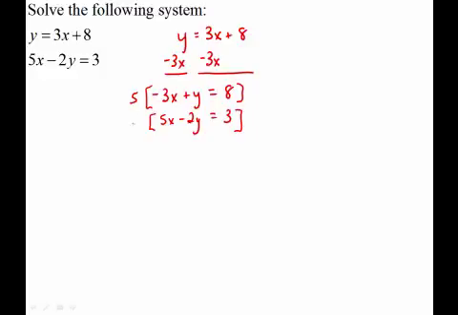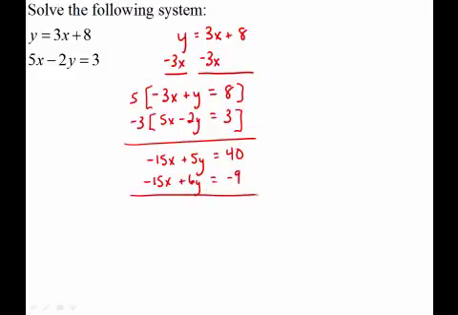So multiply the top by 5, the bottom by -3, and subtract. So again, the -15s cancel. Some of you, by the way, have done this by changing this sign so that you can add instead of subtract.